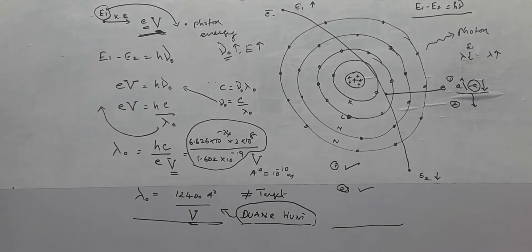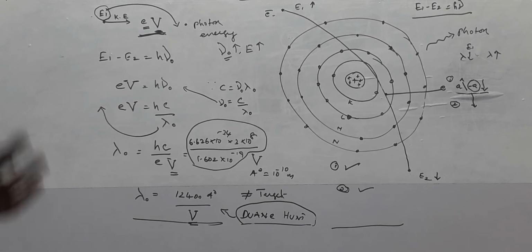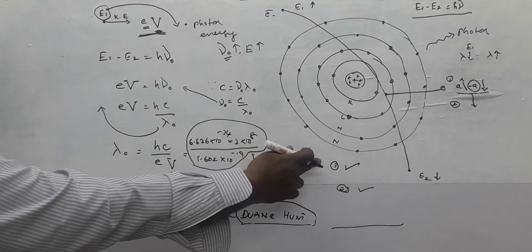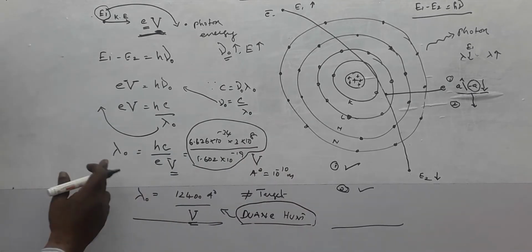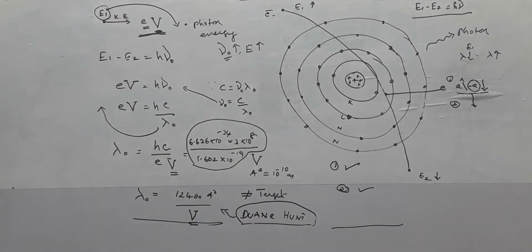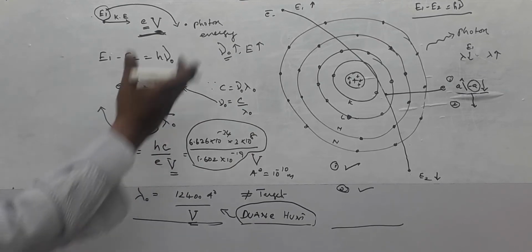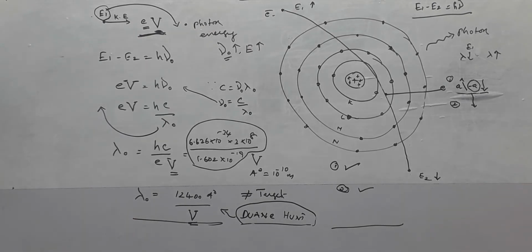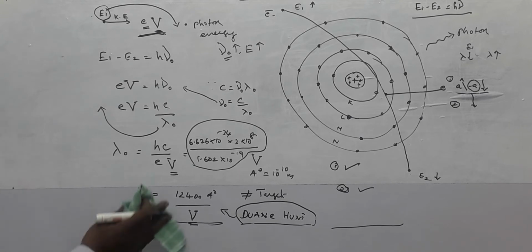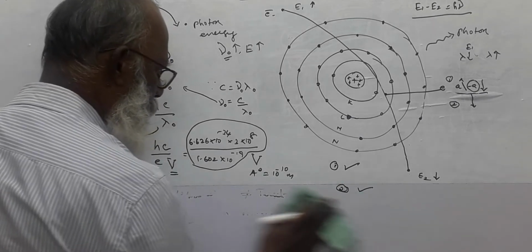That's why, as in the last class, the Coolidge discharge tube theory had two negative points: it did not explain the continuous spectra as well as the minimum wavelength. This is a necessary condition to explain clearly the minimum wavelength as well as the continuous spectra. Are we clear? Very good. Now we shift over to the next topic.